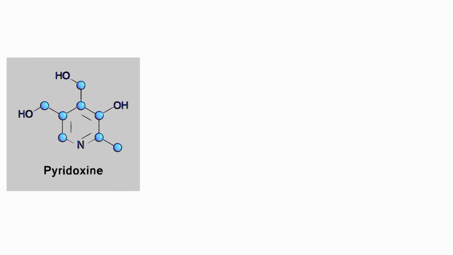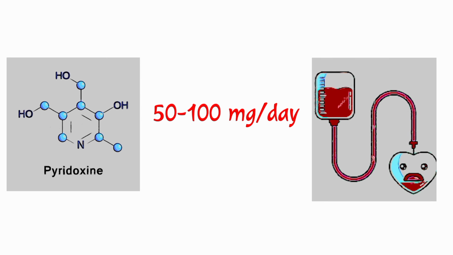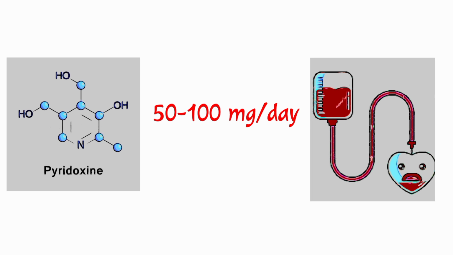The treatment of the patient with X-linked anemia is pyridoxine 50 to 100 mg per day orally. This has shown a good recovery of patients. For patients who are not responsive to pyridoxine, blood transfusion is indicated if they have severe anemia. For patients who require chronic blood transfusion, it leads to many problems in organs due to excessive iron deposition.